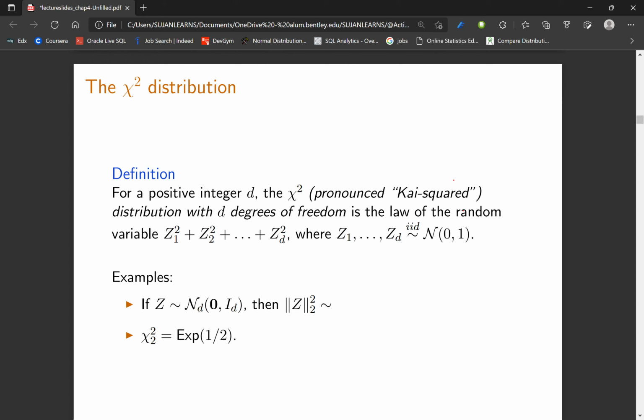If you do that, then what we get is a distribution which is called chi-square distribution.